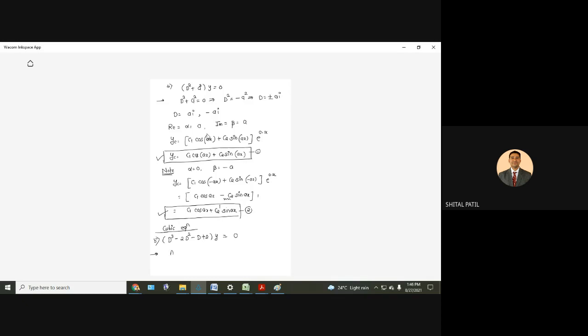So write down the auxiliary equation: d cube minus 2d square minus d plus 2 equal to 0. Those having a calculator can solve it by calculator, or let me solve it by the synthetic division method. I'll solve by the usual method only.